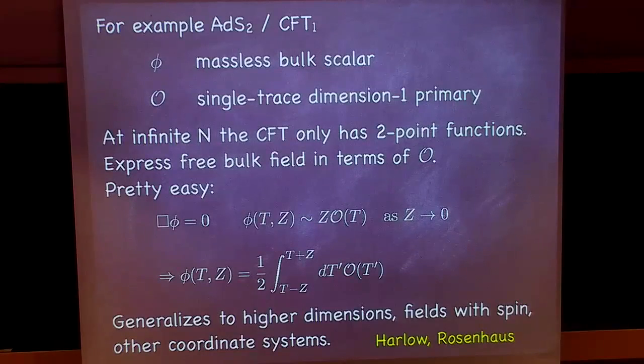If you want to reconstruct a bulk gauge field from a current in the CFT, the simplest gauge choice is to set the z component of the gauge field to 0. Is that a unitary gauge in the bulk field theory? It's essentially axial gauge. So it's unitary; you only have physical degrees of freedom in the bulk.